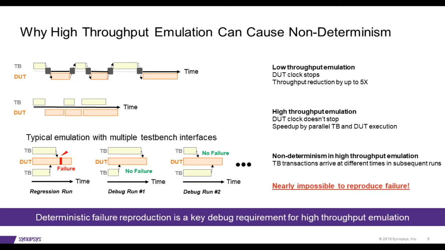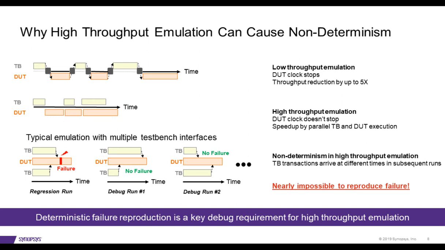Now let's look at another problem that we face often when we are trying to do exascale debug. So traditionally, here I have an example of low throughput emulation, where the DUT clocks are stopping. So DUT is actually running only when the test bench is not running, as shown with the thick line here.